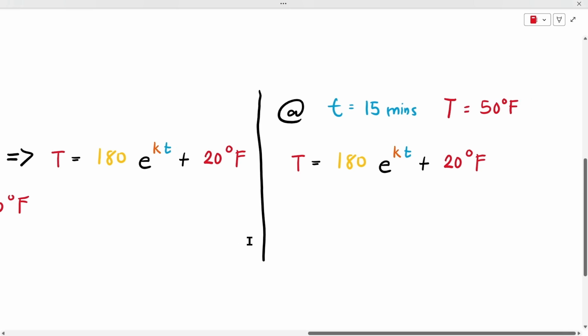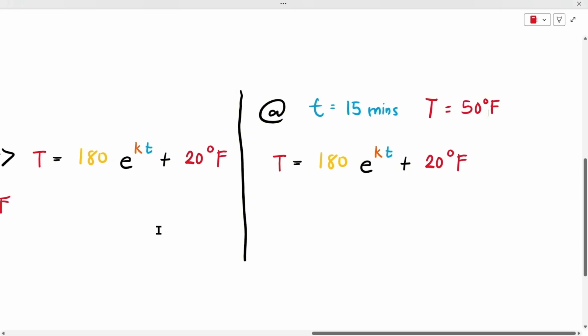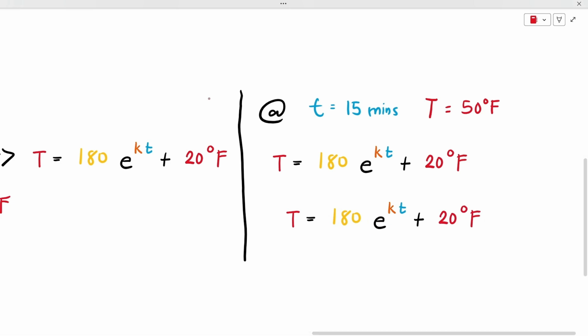So we substitute these values here: 50 degrees Fahrenheit, and time is 15.